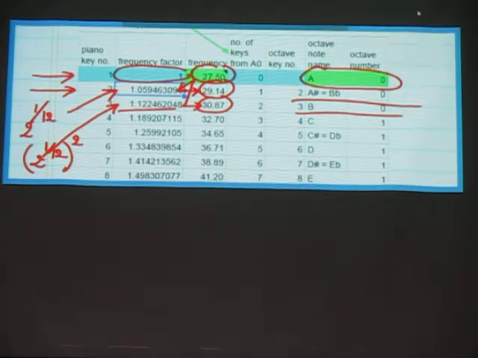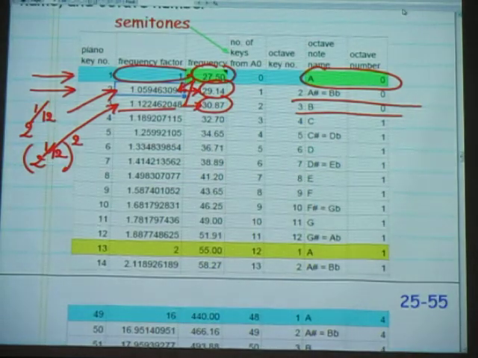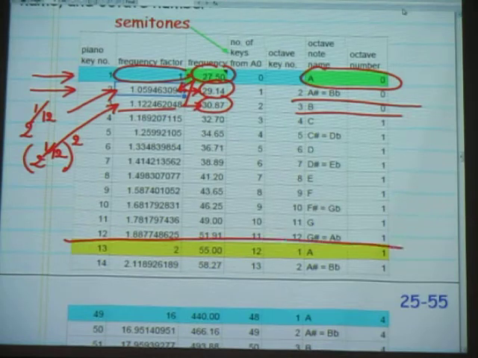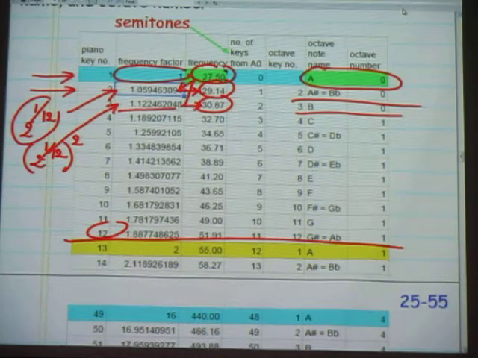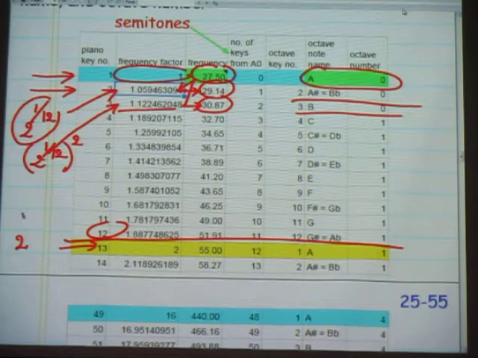At row 2, you have number 1, and so row 13 would be 2 to the 1 over 12 to the power 12.